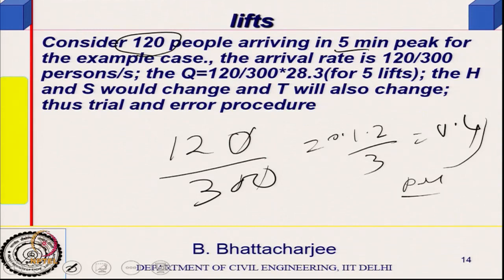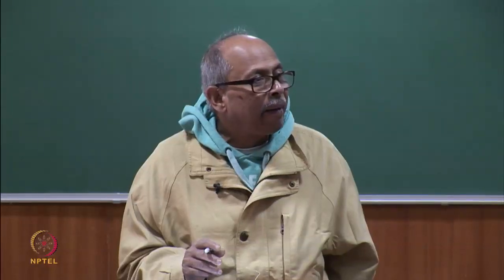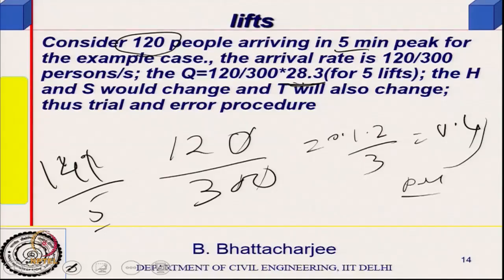Now, I found the waiting interval as 28.3, because it was 141 divided by 5, so that is 28.3. So my actual Q is 0.4 multiplied by 28.3, while my assumption was Q of 12.8, calculated on the basis of 12.8.